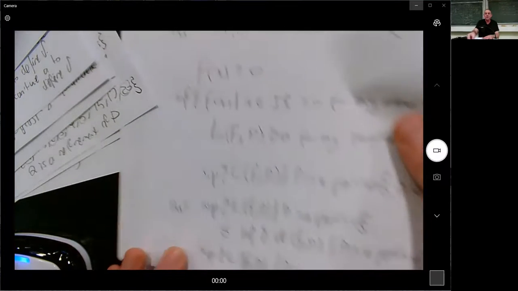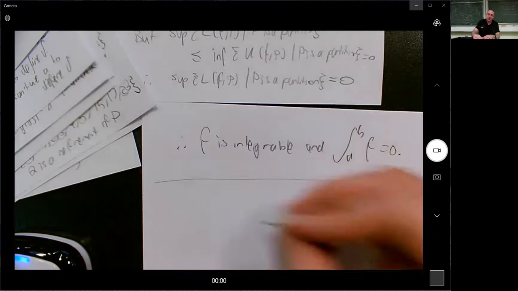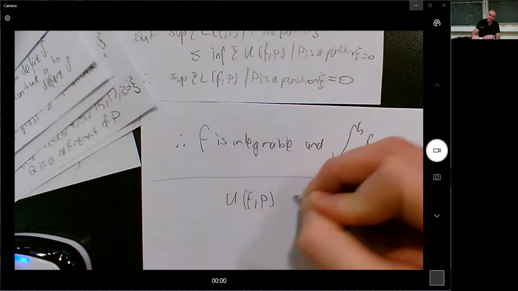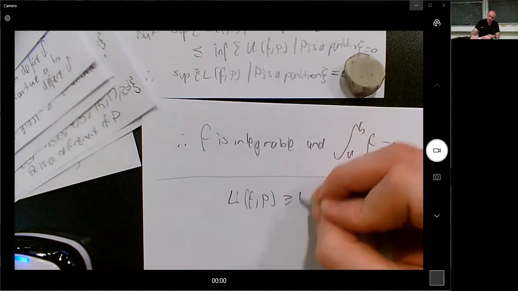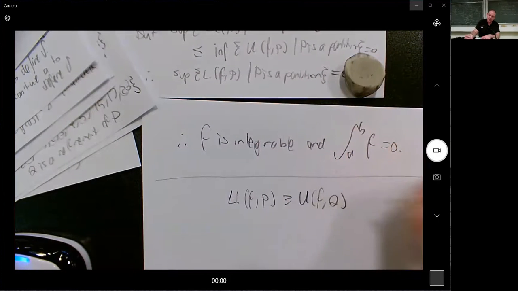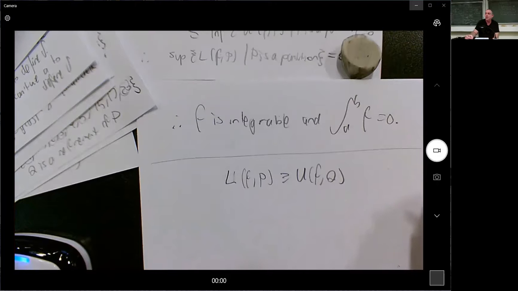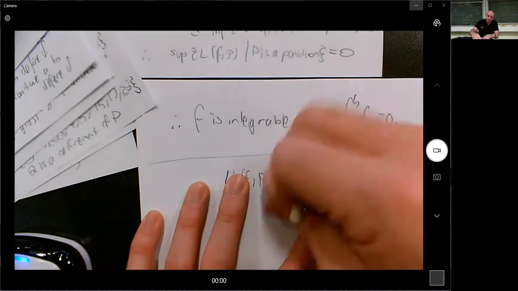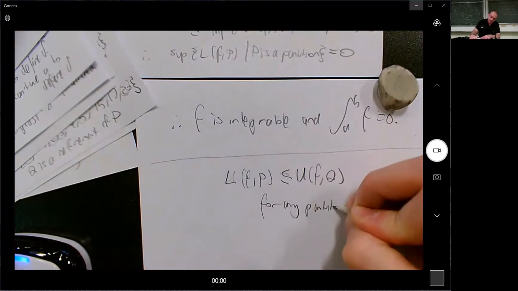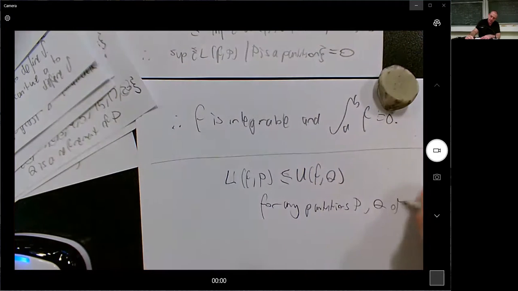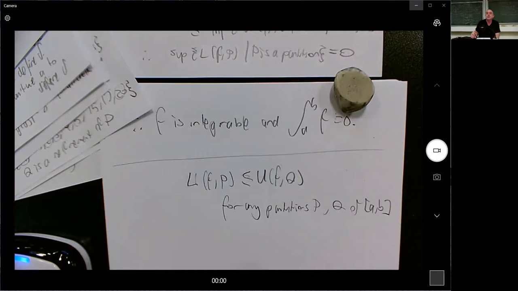And I'm pretty sure it's true that for any function whatsoever, L(f,P) is less than U(f,Q) for any partitions P and Q. Less than, sorry. Pretty sure that's true. Yep.